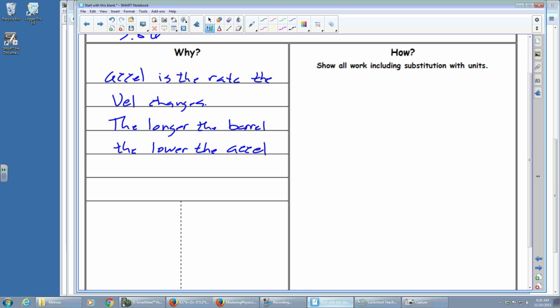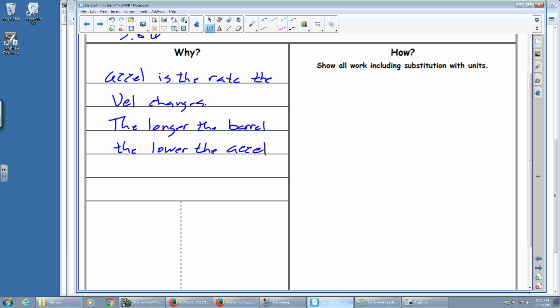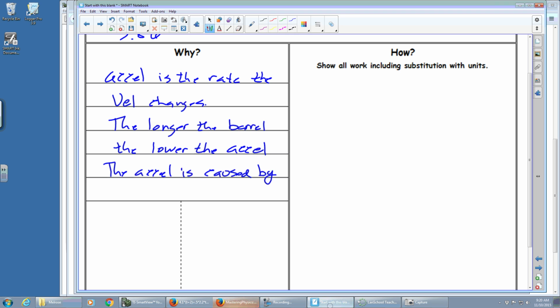And how about the acceleration is caused. And do we even need that? Let's see. No, we don't even need that. I was wrong. This one doesn't need a diagram.